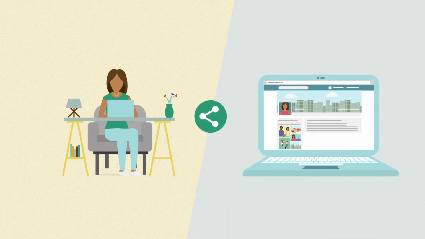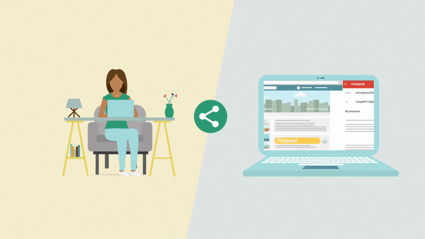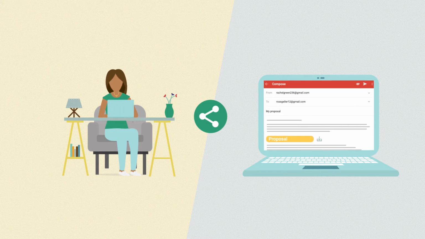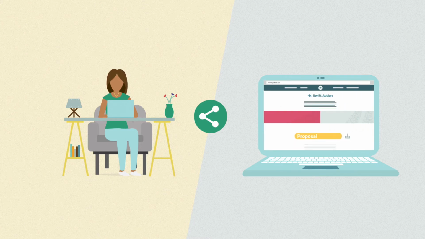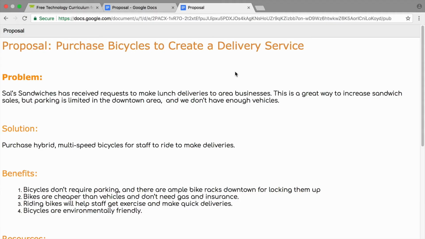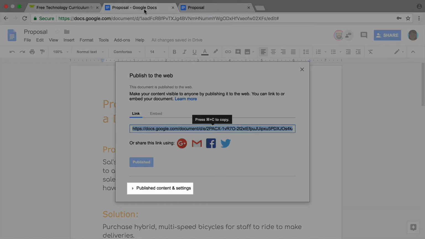You might share your proposal using social media, or by pasting the link into an email or chat, or by publishing it on a company or personal website. You can unpublish your document at any time by selecting Stop Publishing.